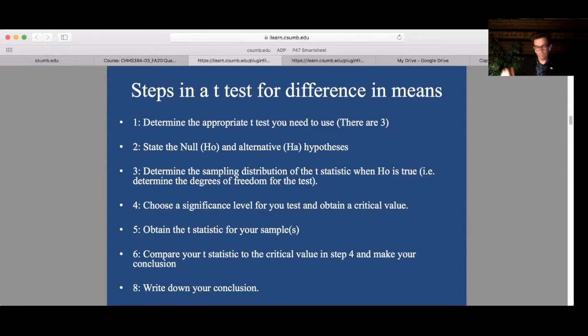And if our t is very rare, we reject the null, and we conclude that the means are different in the population, or that they are related. If our t is not very rare, compared to the t's in the population where there's no relationship, then we cannot reject the null.